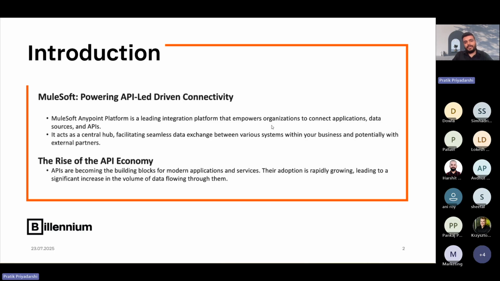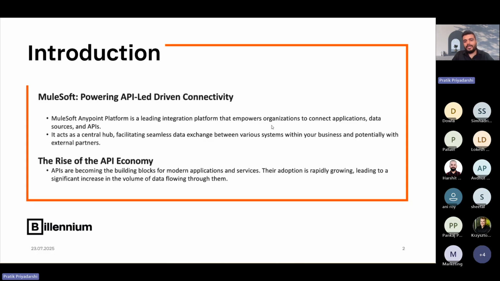And we have seen the API economy rising day by day. What I mean is APIs are becoming the building block for modern applications and services. Earlier, maybe 10 years back, we were mostly relying on monolithic architecture, big software codes, thousands of pages of code written.